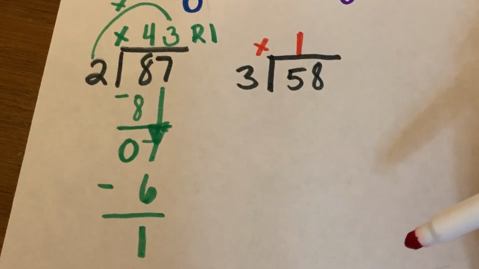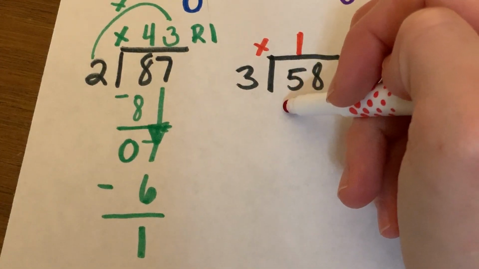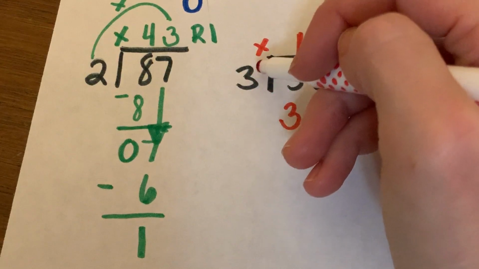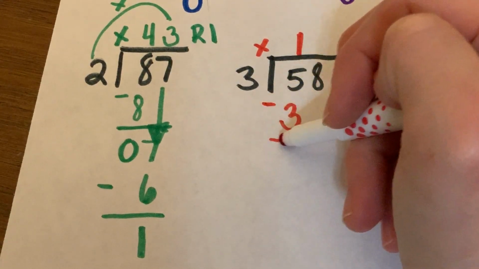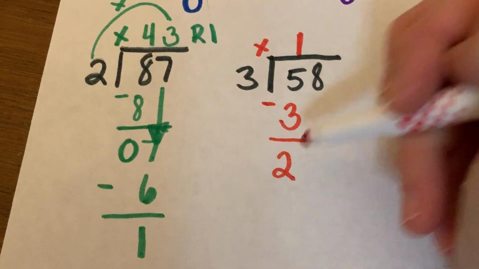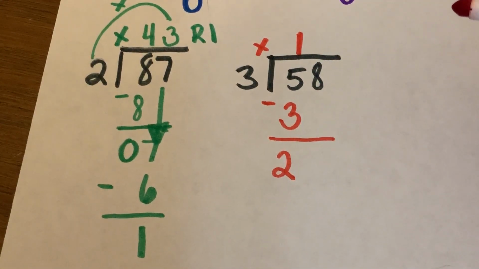And what am I going to do next? Yes, I'm going to put the answer to 3 times 1 right here, 3, and then I'm going to subtract, and I'm going to get 2. Go ahead and show me the next step.